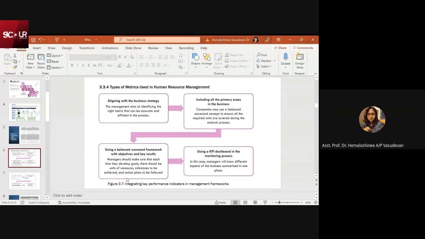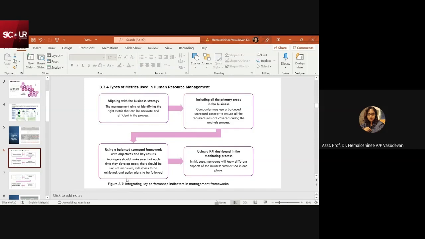Okay, so the next point will be the types of metrics used in human resource management. What kinds of types are they using to manage their human resource management strategy? They have to align with the business strategy. When they align the business strategy with the metrics that they already indicated in the planning itself, they will make sure they run it, then monitor accurately to ensure that they can get results.